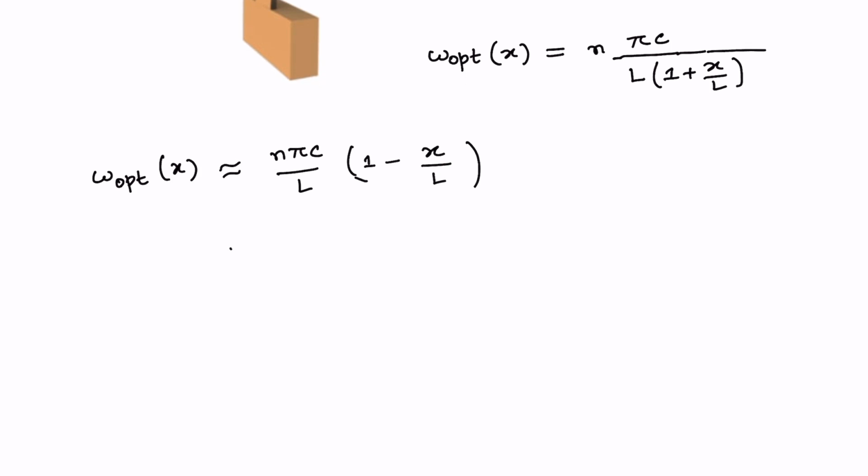Now you see this quantity is our original omega optical. So let me write omega optical, then I have 1 minus x by L.